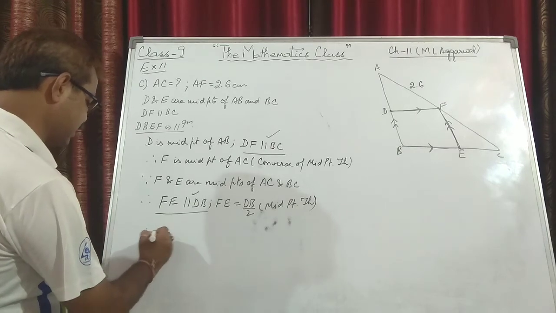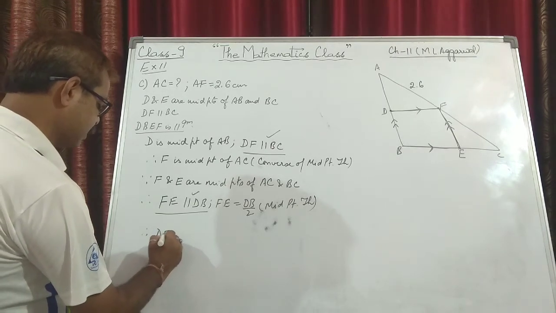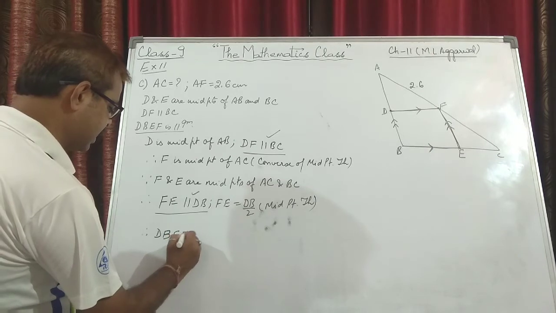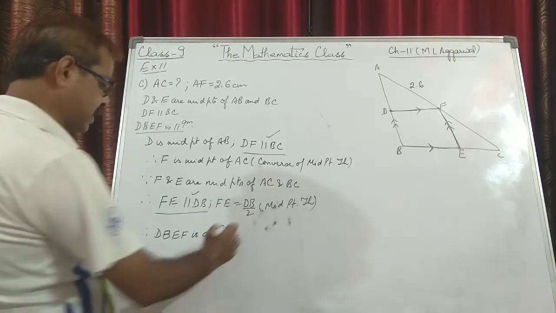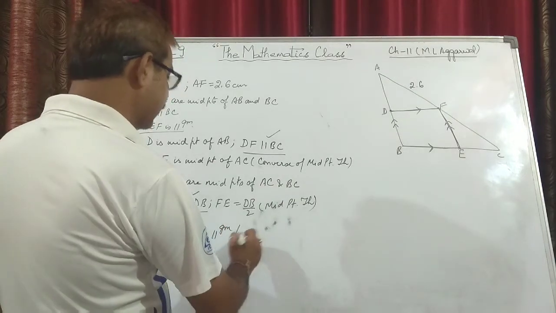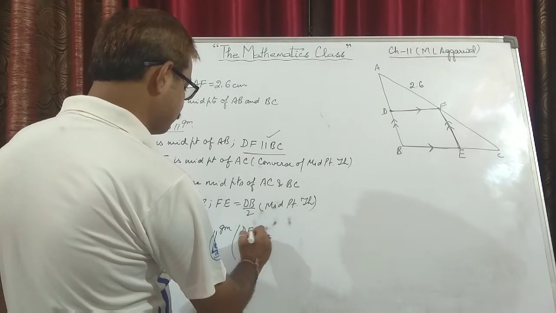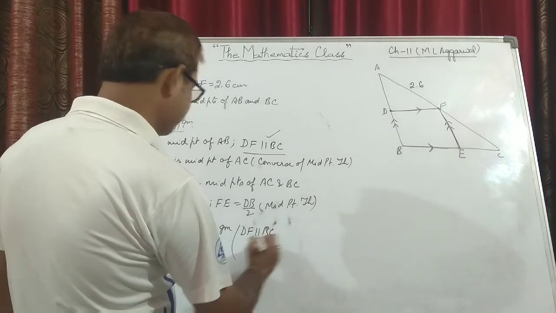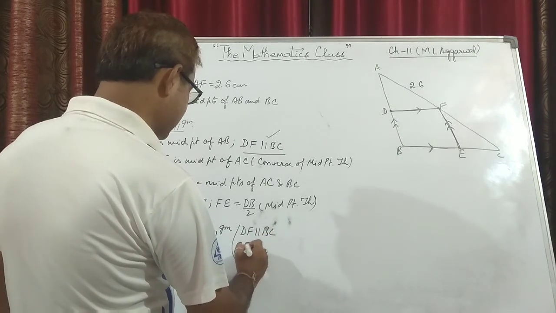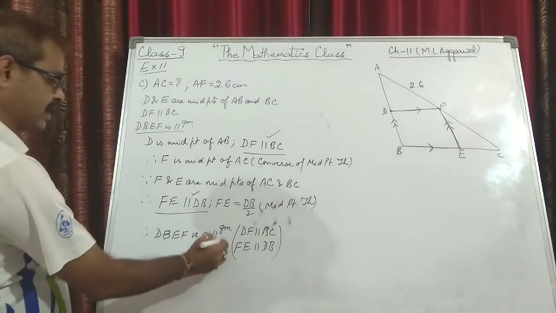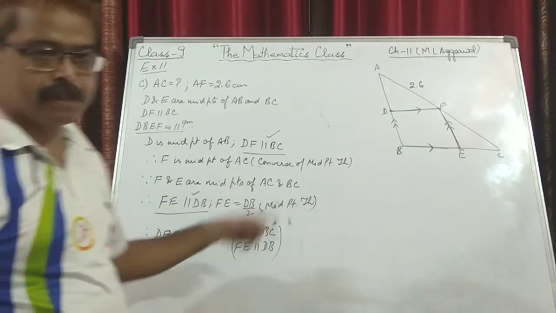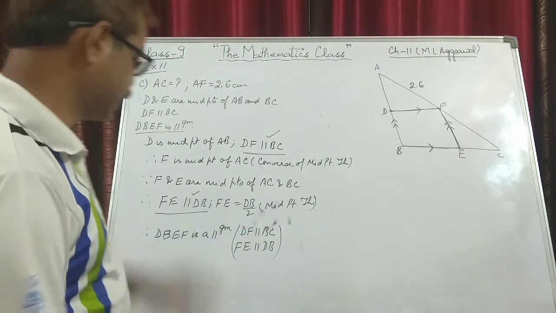So therefore we can say that DBEF is a parallelogram. Why? Because we have proved DF parallel to BC, and we have also proved that FE is parallel to DB. No need to write this point in the exam, you will write this much only. I am writing it so that you may all understand.